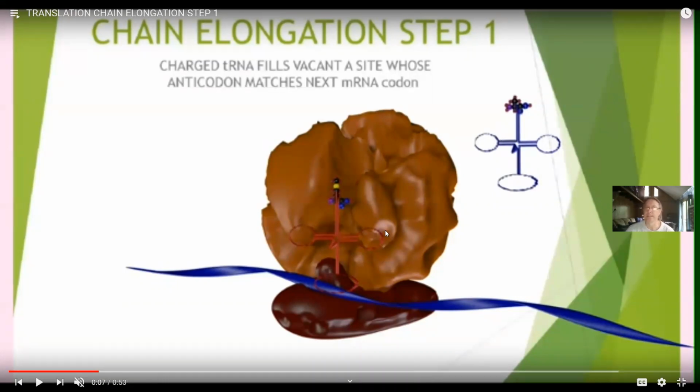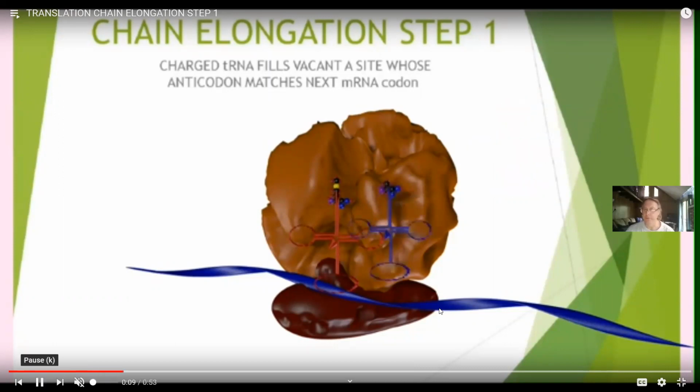So there's what is called the P site, where the methionine bearing start tRNA has bound. But then next to it, there is an A site, which at the beginning was vacant, and that will now be filled by the tRNA whose anticodon here, these three nucleotides, matches the next codon in the RNA.